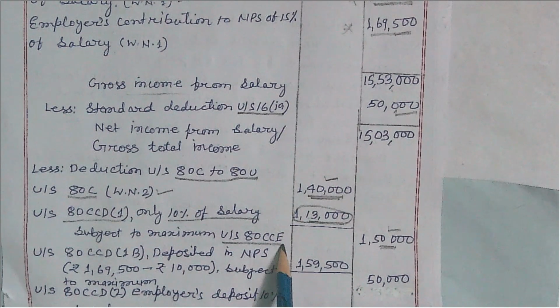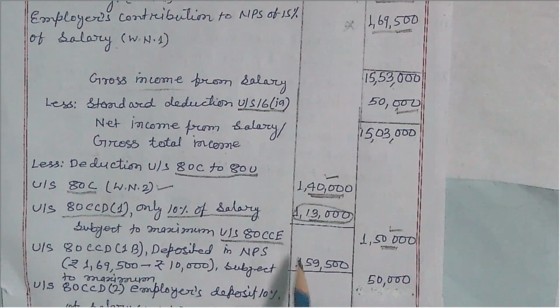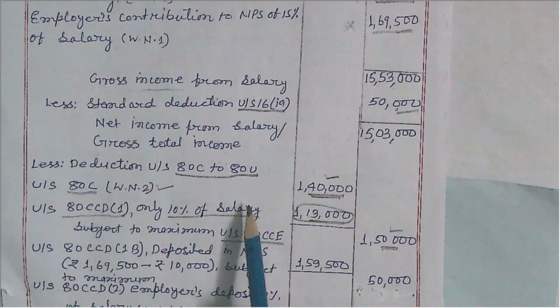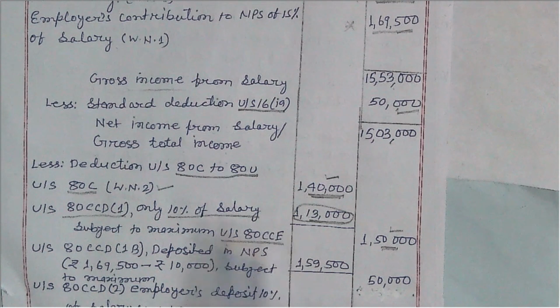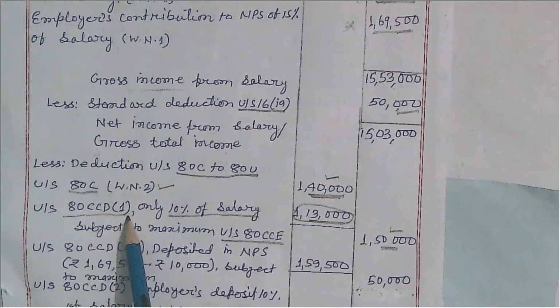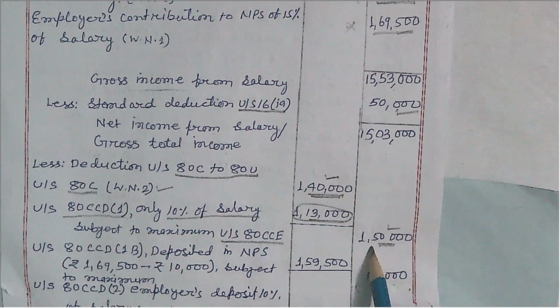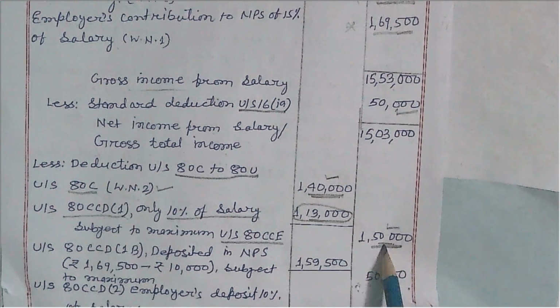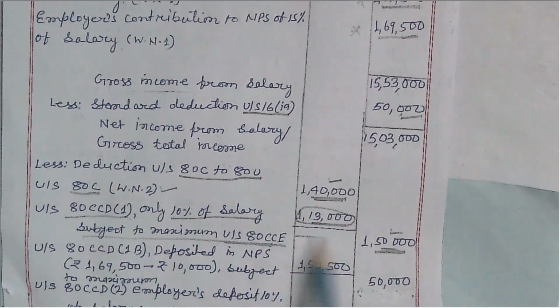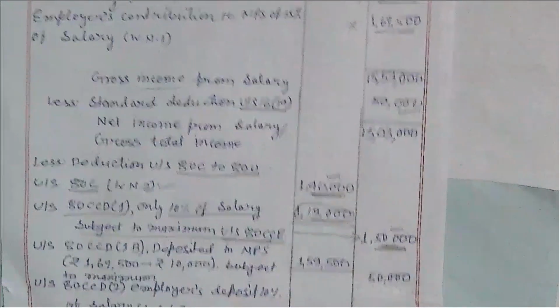In the beginning I explained to you section 80CCE all together. So under section 80CCC the amount is not given, then under section 80C plus 80CCD subsection 1 together it cannot be more than 1,50,000. So here the maximum under section 80CCE is 1,50,000.